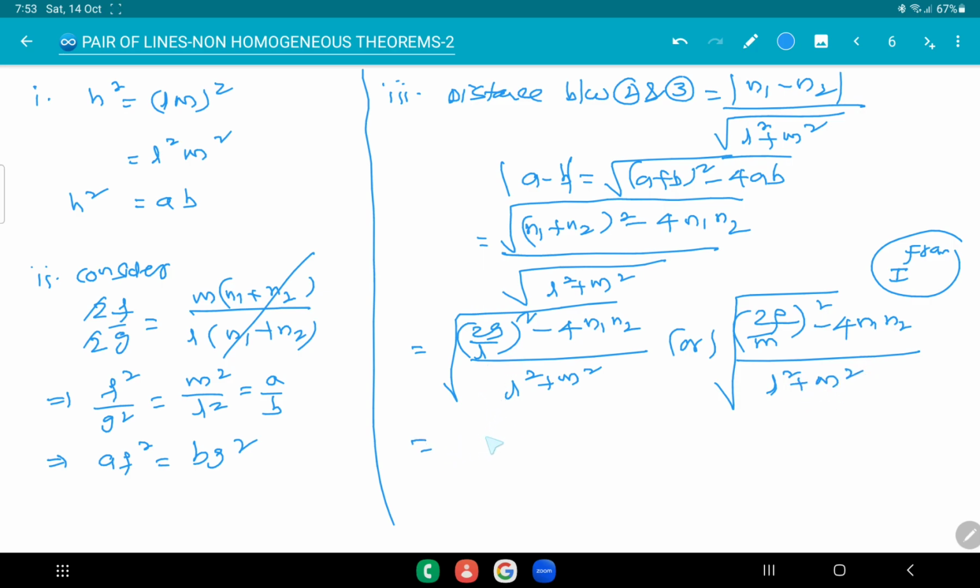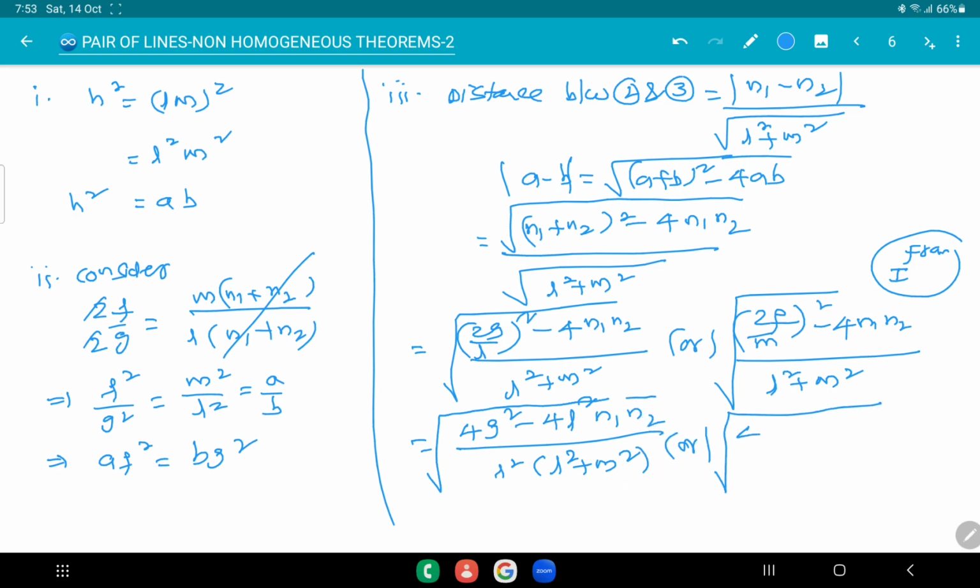That is equal to root of (4g square minus 4 l square n1 n2) by l square into (l square plus m square), or root of (4f square minus 4 m square n1 n2) by m square into (l square plus m square).